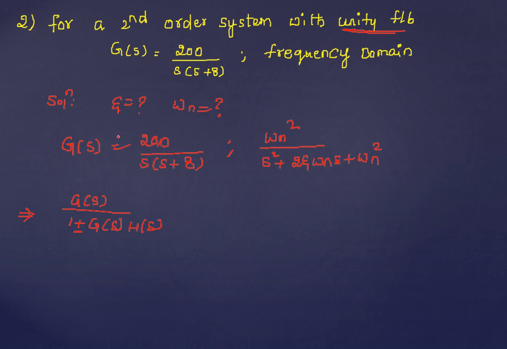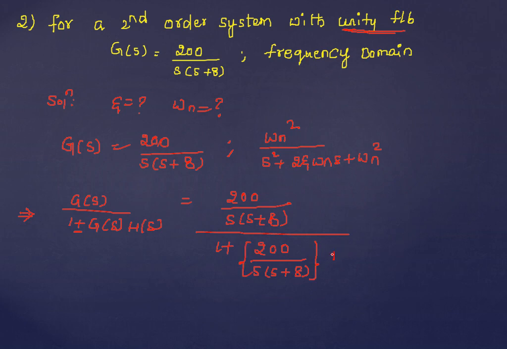So in place of G of S we are having 200 divided by S into S plus 8, by 1 plus, in place of G of S substitute 200 by S into S plus 8, and H of S value is 1.